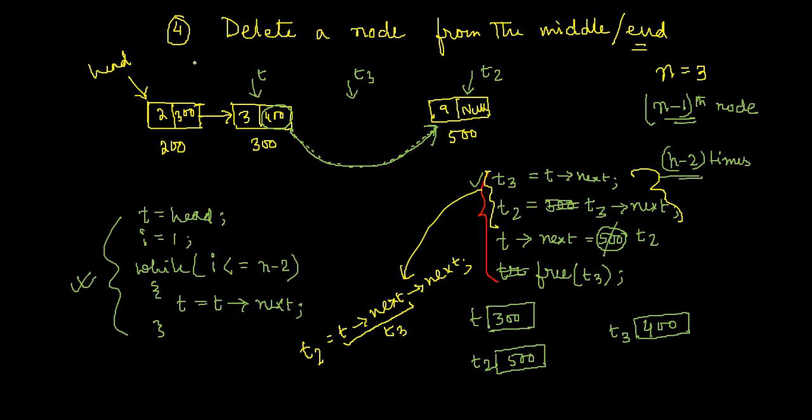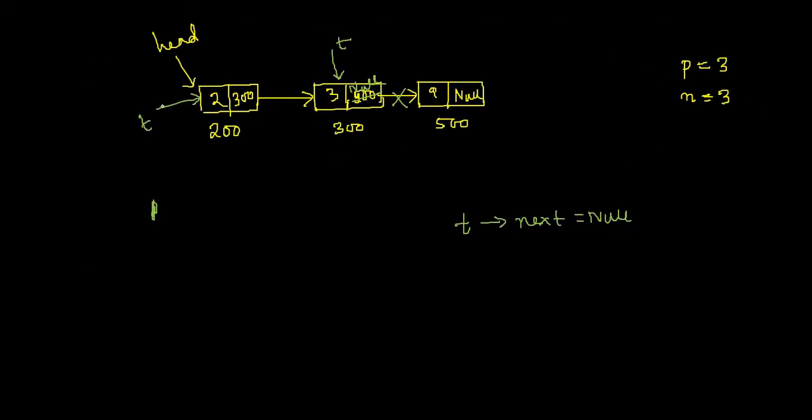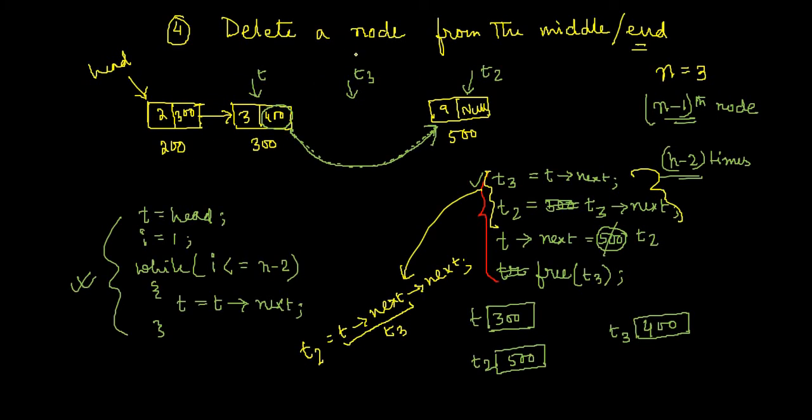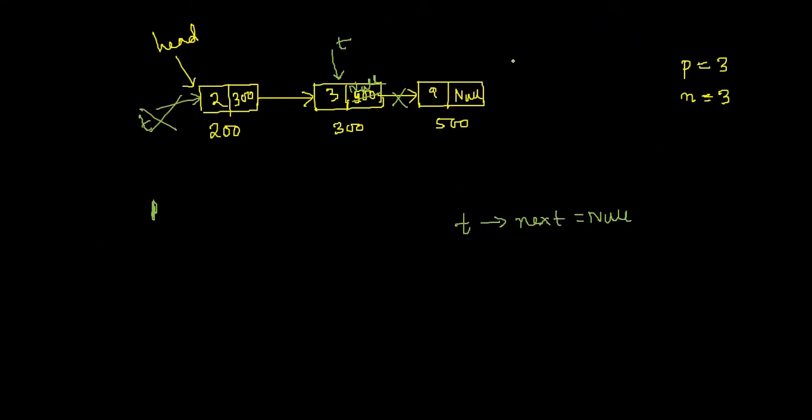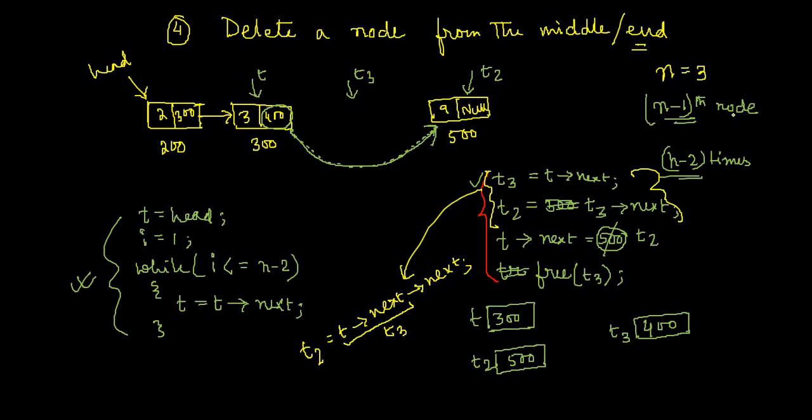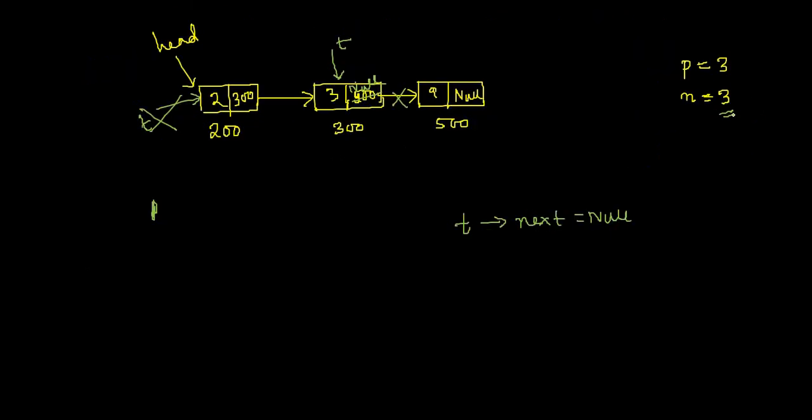Once the loop executes, now t is not pointing over here, rather t will point to the second node. And you see your loop will break because I have written i lesser than or equal to n minus 2. N is 3, according to the current situation. So the loop, 1 lesser than or equal to 1, will be executed once and it's done.